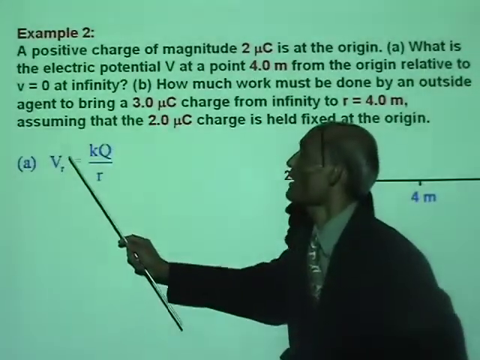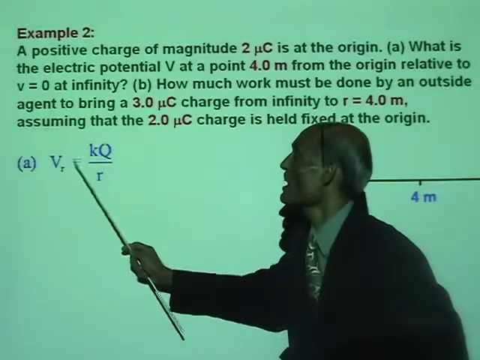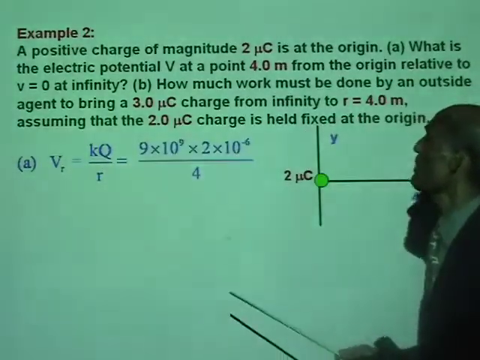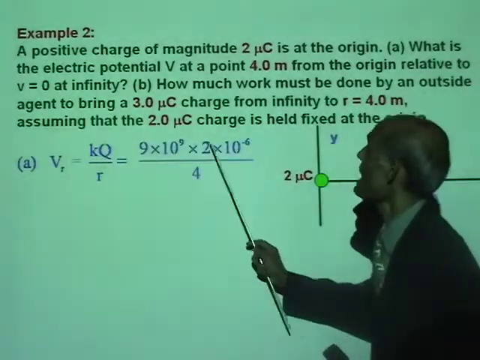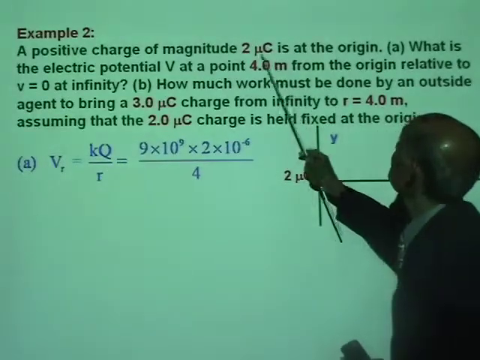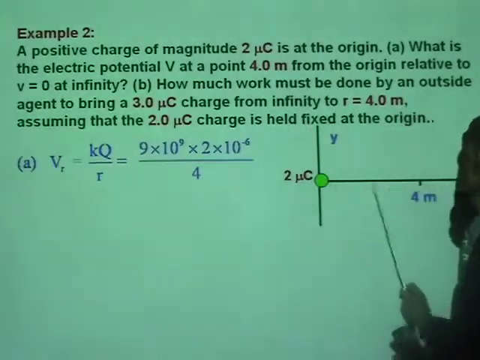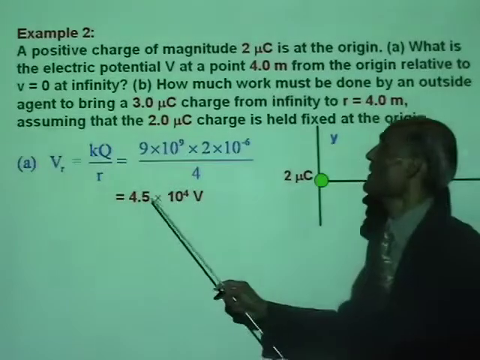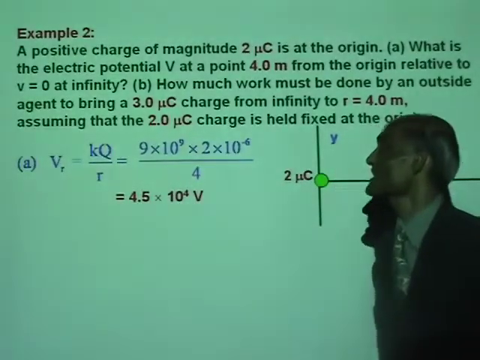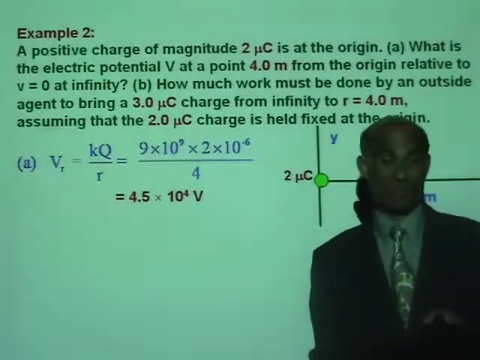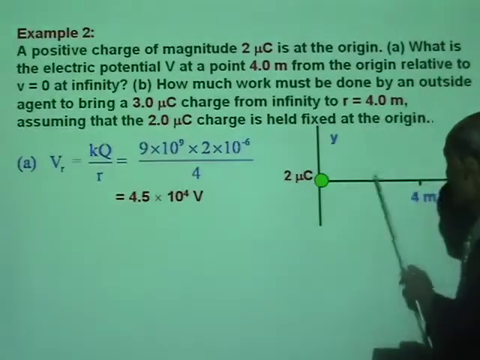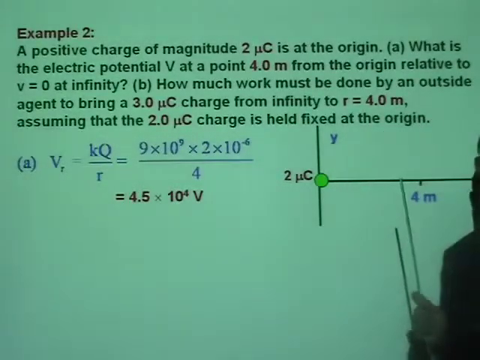So VR, potential at a distance r, is kq over r. We know our k. Q is 2 microcoulomb and the distance is 4 meter, and that is 4.5 times 10 to the 4 volt. Well, that is the potential at that point.